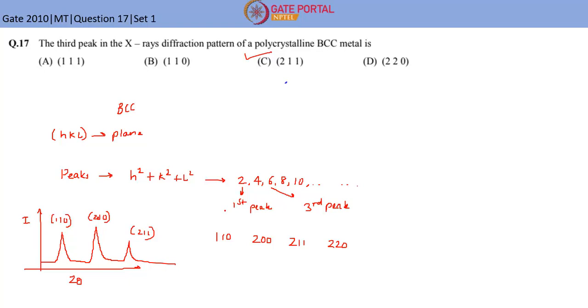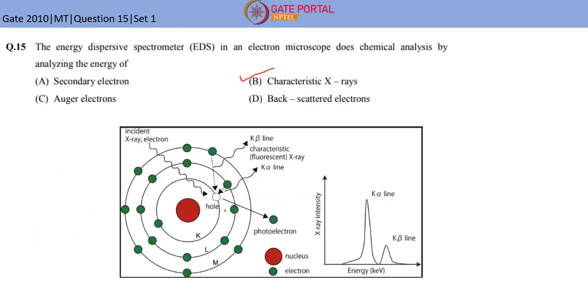You should know the extinction conditions for that, and then you will be able to calculate which peak is required. In another question, the mechanism of EDS is that characteristic X-rays are generated when an electron transitions from a certain level shell to the K level shell. That gives the information about the chemical composition of the material.